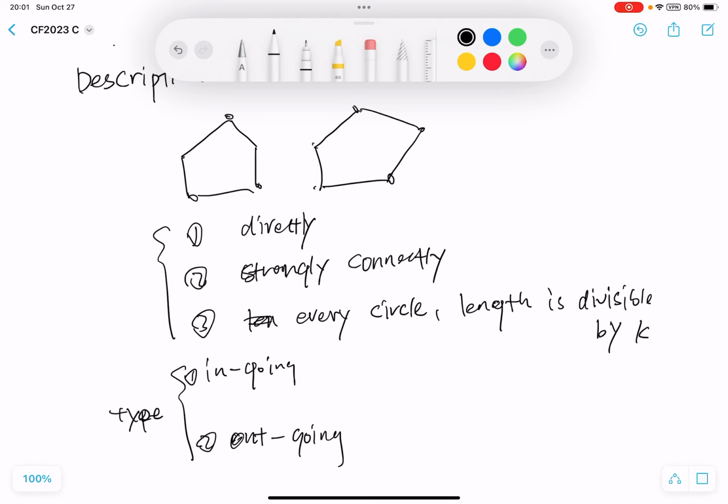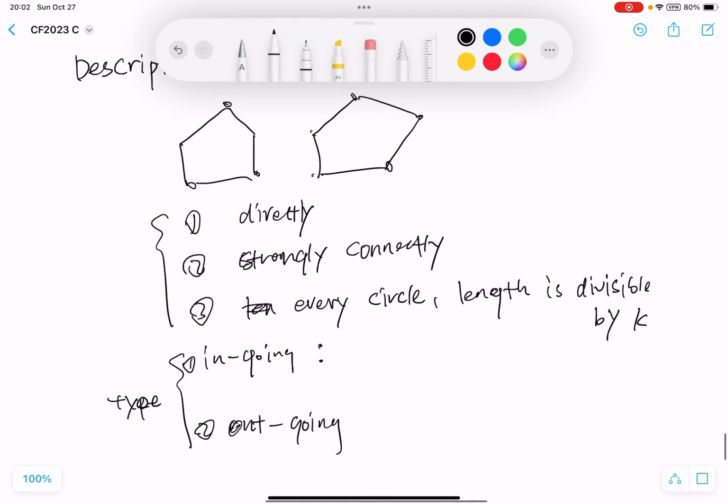For the ingoing or outgoing nodes, ingoing means it can only be the endpoint of an edge. For outgoing, in contrast, it can only be the start point of an edge. This is the limitation of the node.